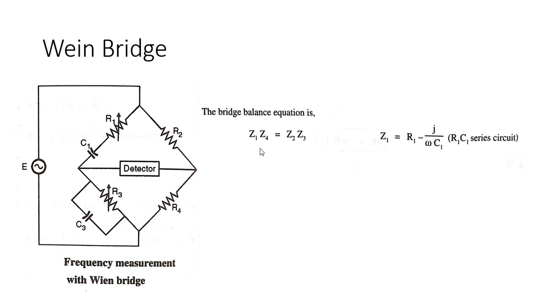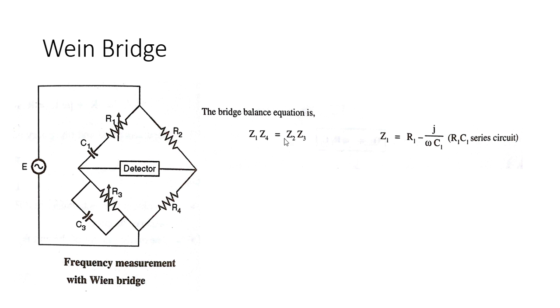Z3 is impedance and its opposite term is admittance, written here as Y3, which is equal to 1 upon R3 plus j omega C3. R3 is in the denominator because this is exactly opposite to impedance. Why this is done you will see in this slide. Z4 is equal to R4.